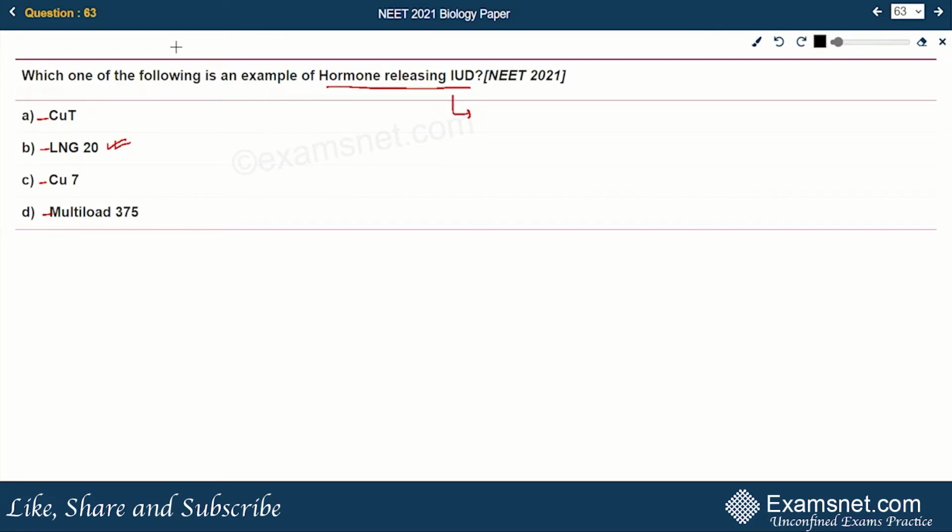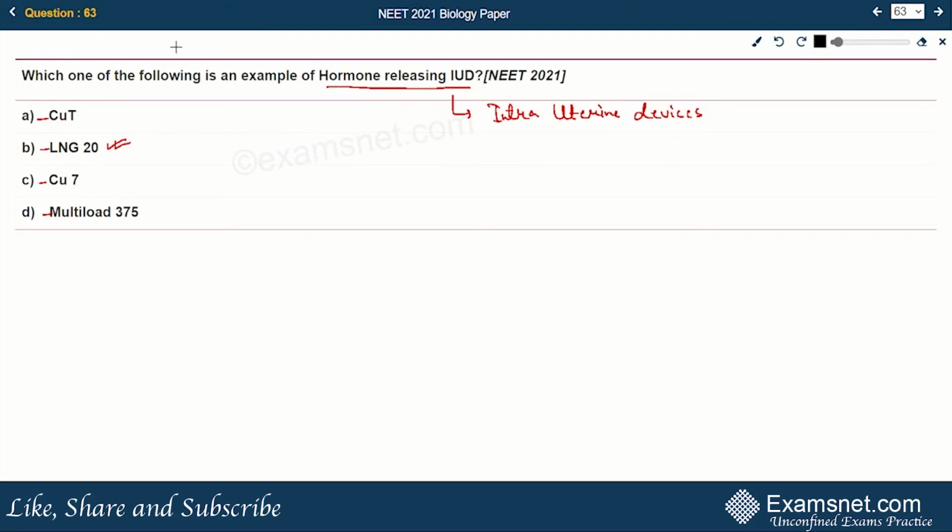IUDs stand for intrauterine devices. So as the name suggests, these are devices which are inserted inside the uterus. These are generally inserted by doctors or expert nurses in the uterus through the vagina, and these are one of the effective and popular methods used today for birth control.